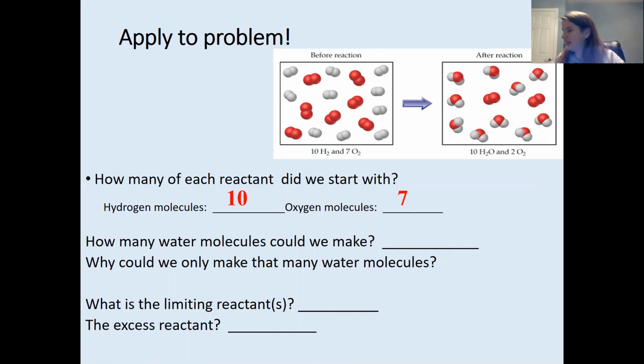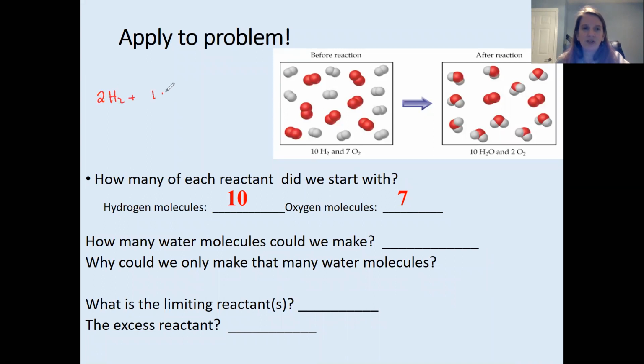Well, one thing to keep in mind here is our chemical reaction. Our balanced reaction for the synthesis of water is 2 hydrogen molecules react with 1 oxygen molecule to make 2 waters.